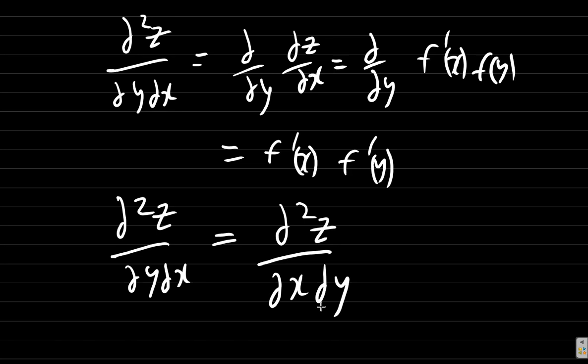Now, of course, once you find delta square z by delta y delta x, you don't need to find delta square z by delta x delta y. But of course, you can check. You can find delta square z by delta x delta y after finding delta square z by delta y delta x, just to check to make sure that you did everything right.